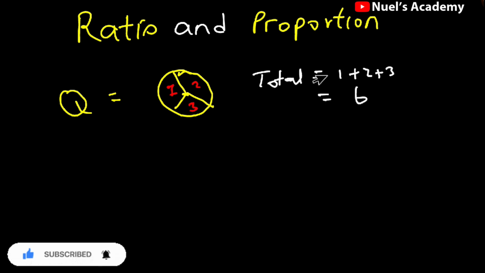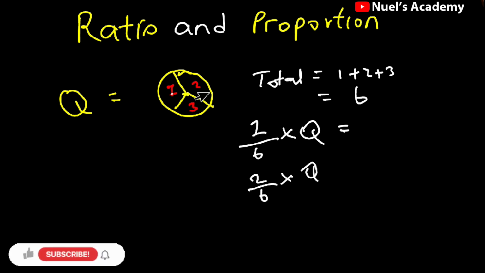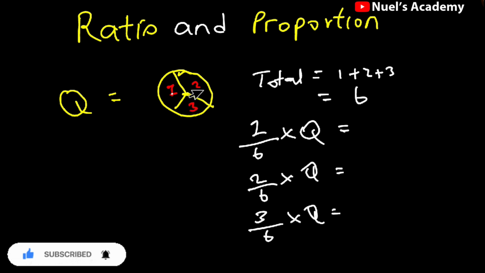Now to know the part that belongs to 1, it is going to be 1/6 multiplied by this quantity. So this will give us the exact number of this part that belongs to 1. Now for the part that belongs to 2, it is going to be equal to 2/6 times this quantity, which is represented by this circle. So this will give us the part that belongs to 2. Then for 3, we have 3/6 times this quantity. This will give us the part that belongs to 3.